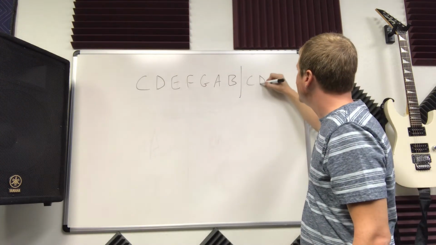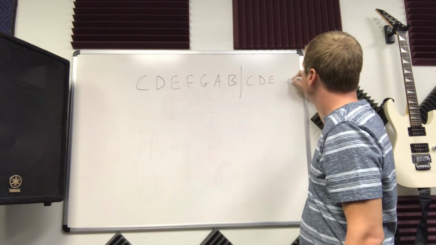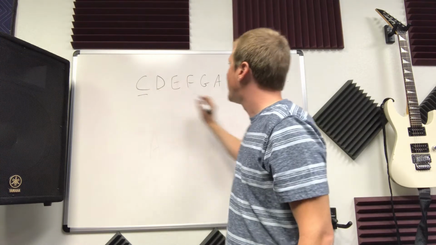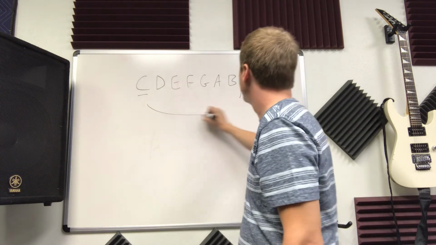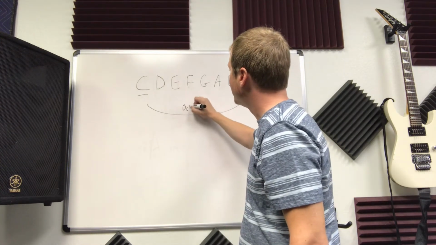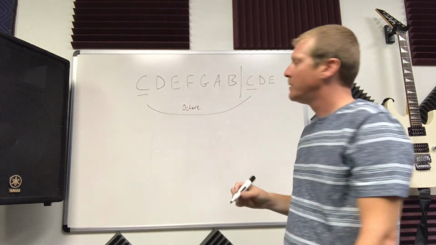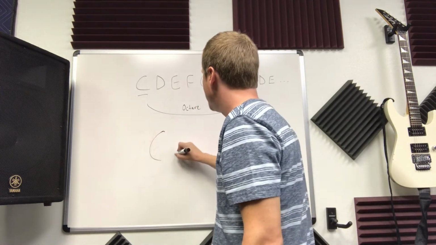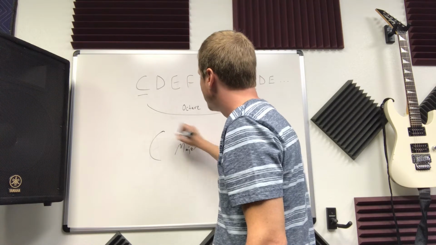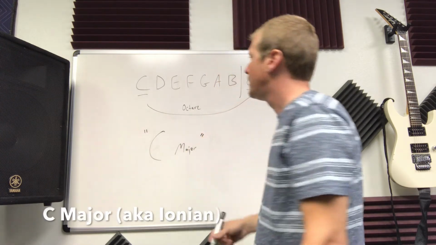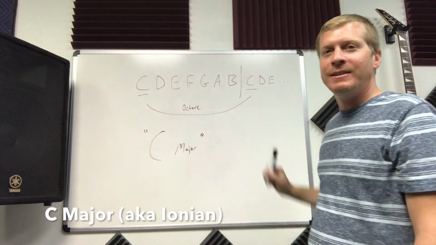C, D, E, okay? So C becomes our octave. Between C and C, we have an octave. So this is C major. C major, from C to C, okay?